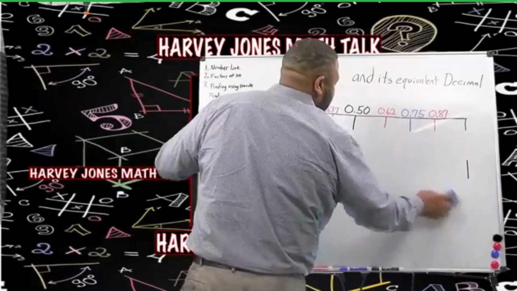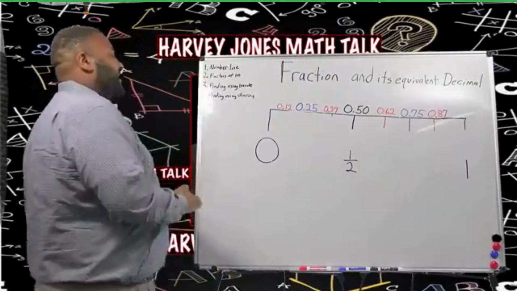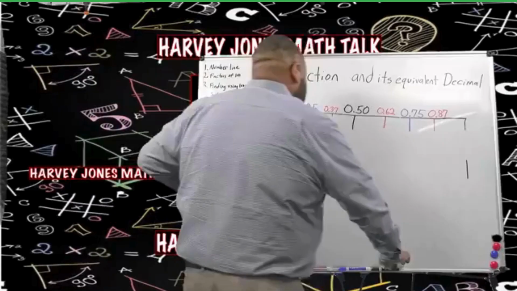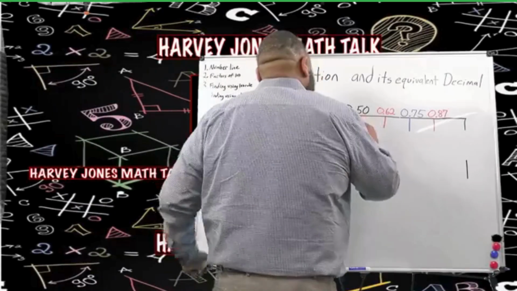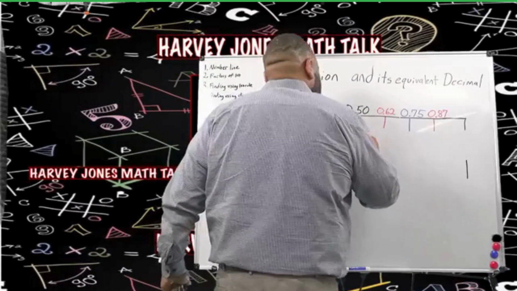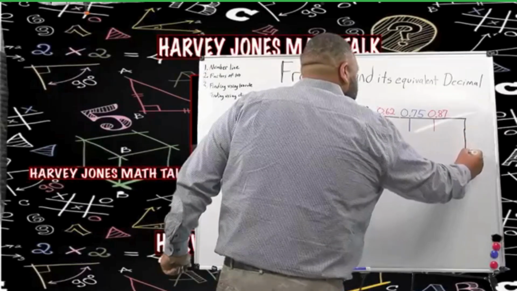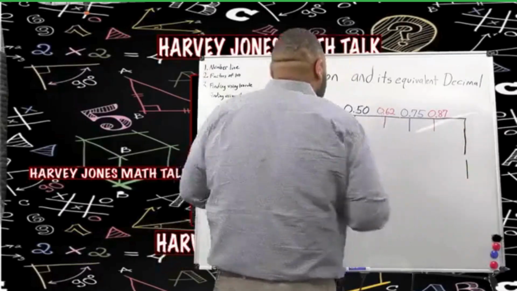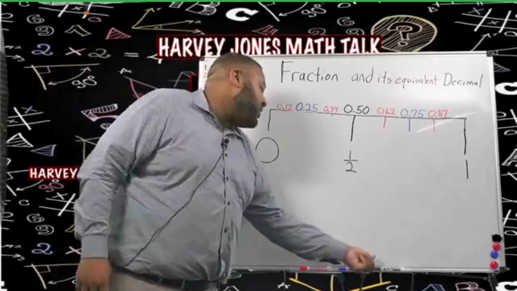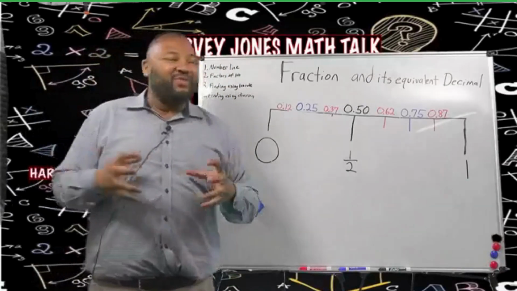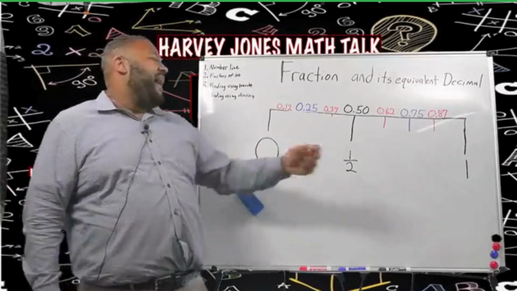That's the key thing that we're looking at right now. What are you talking about, Mr. Jones? Because this tells the story of what we're looking at tonight. What are we doing? We want to find out what's in between the 0 and the 1.